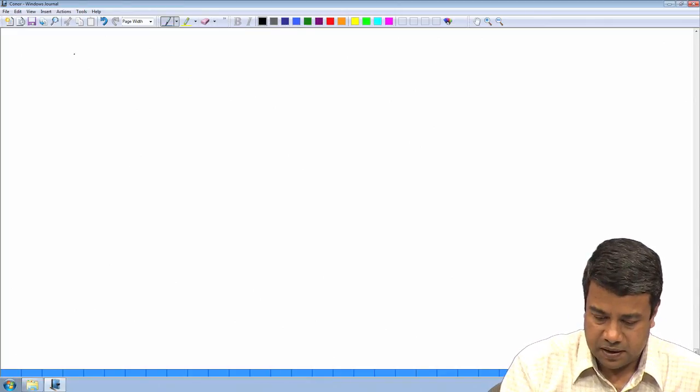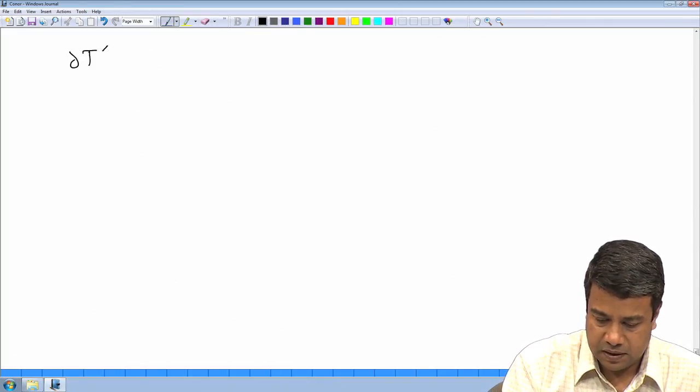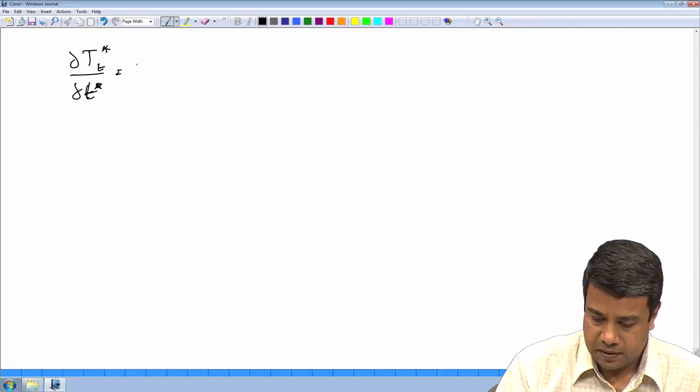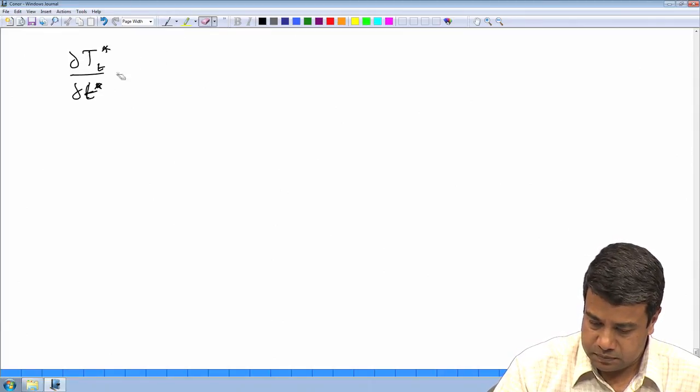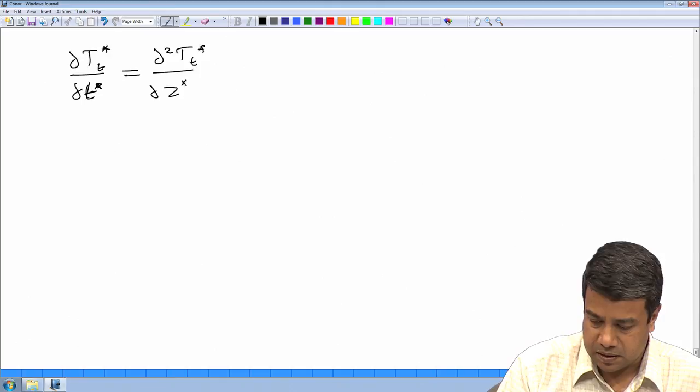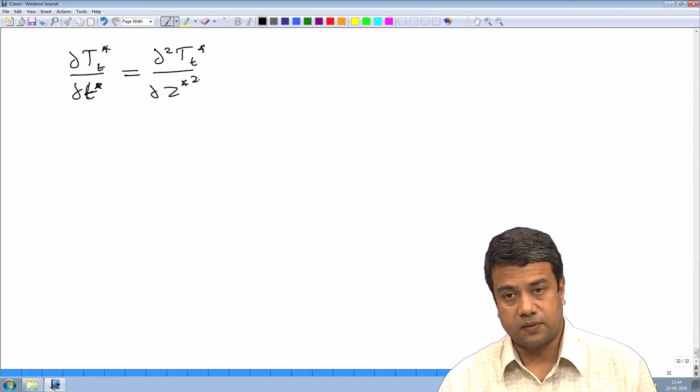So, the equation that we had was partial T transient by partial t equal to partial square T transient by partial z star square. That was the equation that we had.